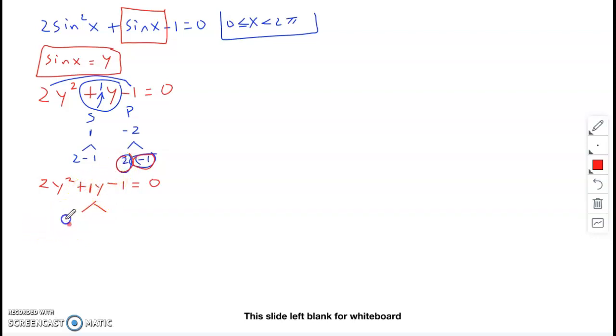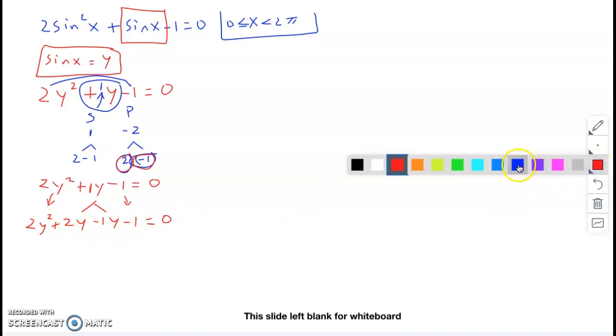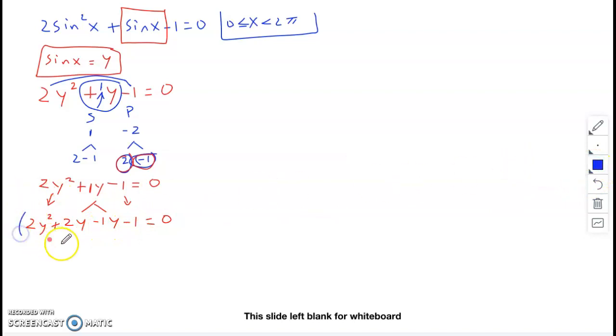That 1y, I'll break into 2y minus 1y. 2 minus 1 is 1. I'll bring the first term and the last term. So 2y squared plus 2y, and then at the end is minus 1. Now that original trinomial I have with 4 terms. Now I'm able to use grouping to solve this.